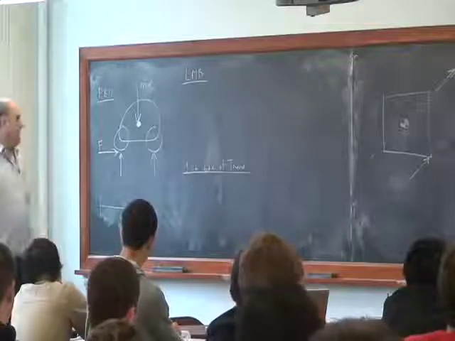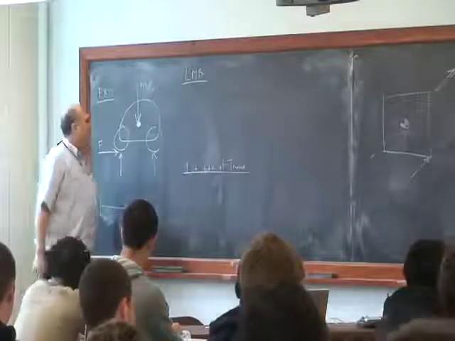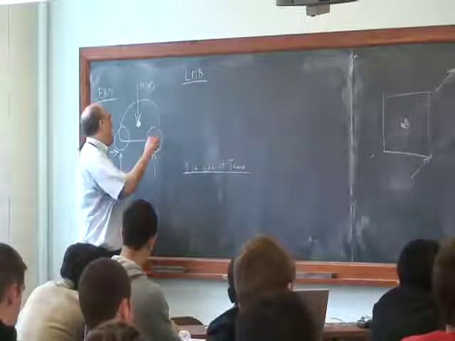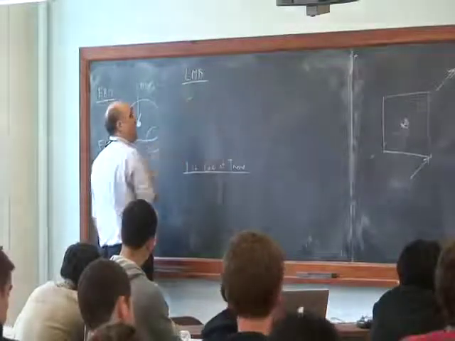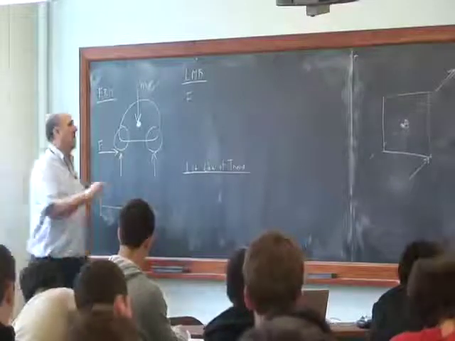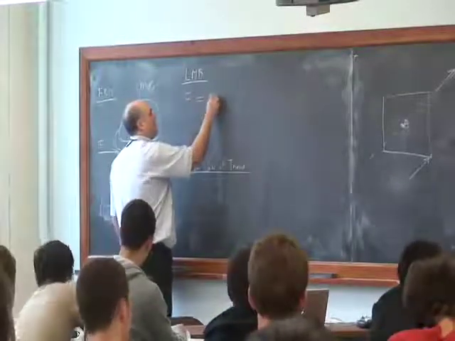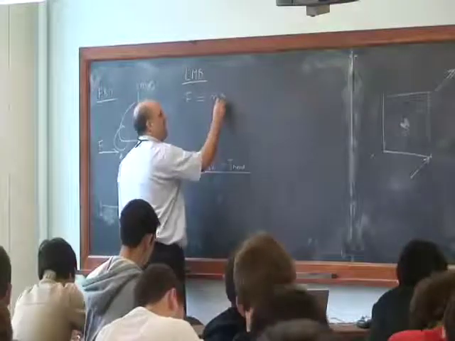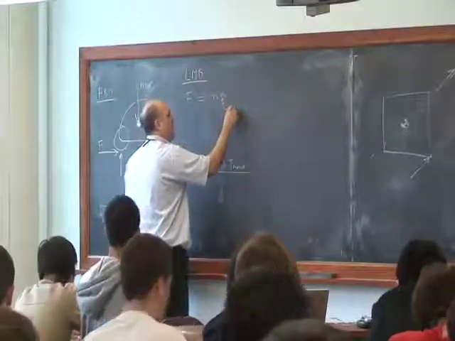What does linear momentum balance tell us? It tells us that this applied F, the force of the ground on the rear wheel, equals the mass times the acceleration, meaning the acceleration of the center of mass.